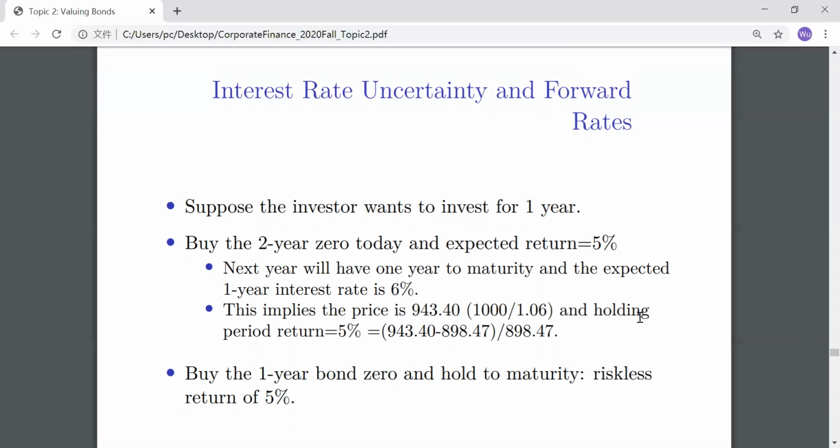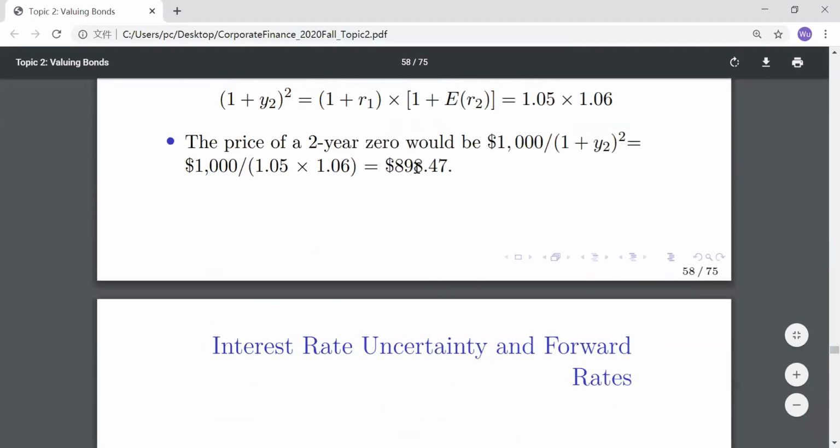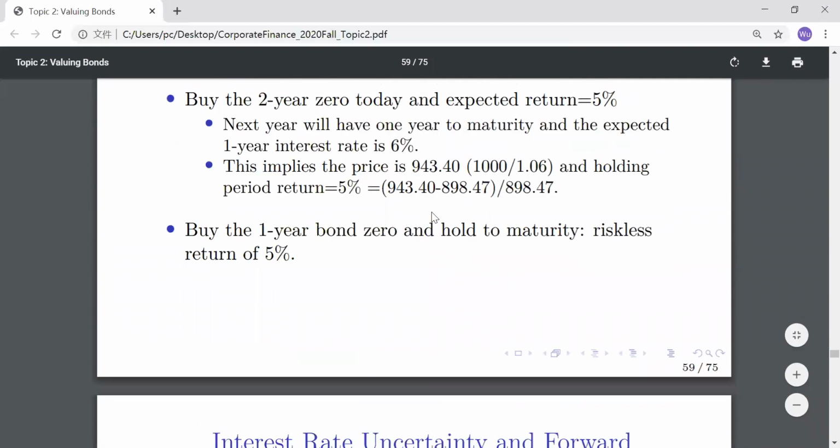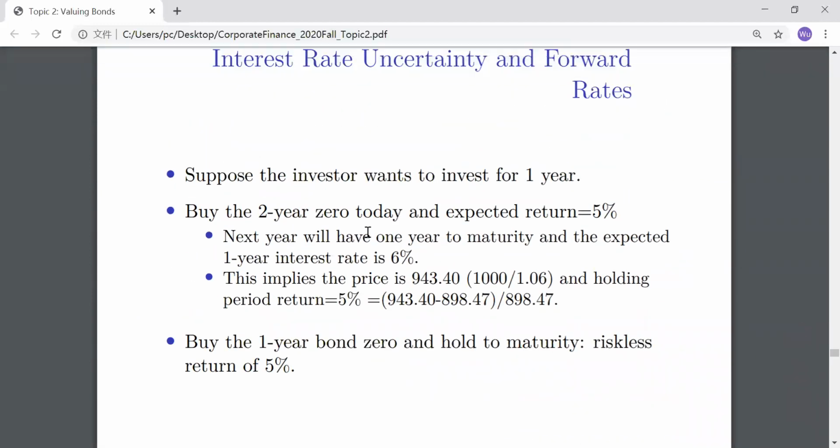Now the holding period return: how do you get this? It is the price after a year minus the initial price, which is this number here. You get a holding period return of 5%. Now, if you buy the 1-year zero bond and hold to maturity, you get a riskless return of 5%. So what does this mean? The interest rate uncertainty is with the second year.